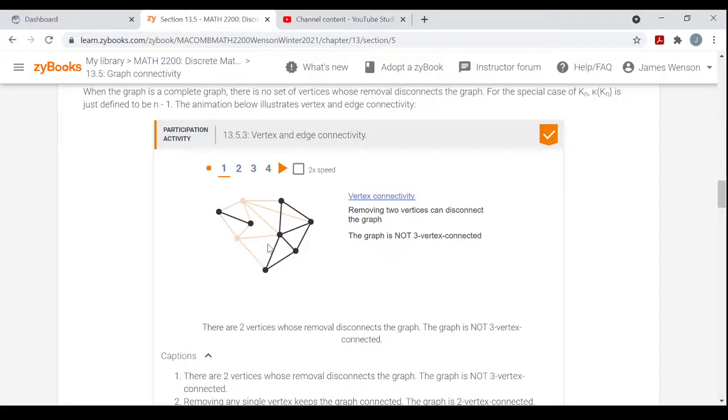So the most vertex connected this could possibly be would be 2 vertex connected. If you're not 3 vertex connected, you're not going to be 4 or 5, you're not going to be any higher vertex connected. So the highest you could possibly be is 2 vertex connected.